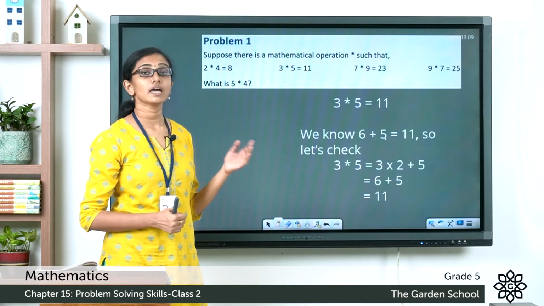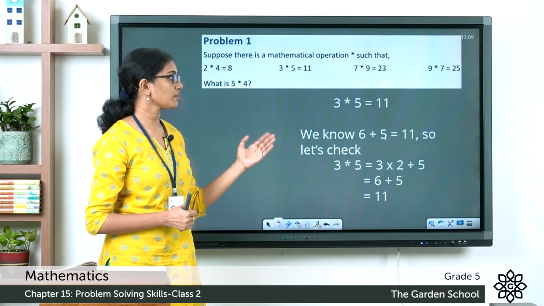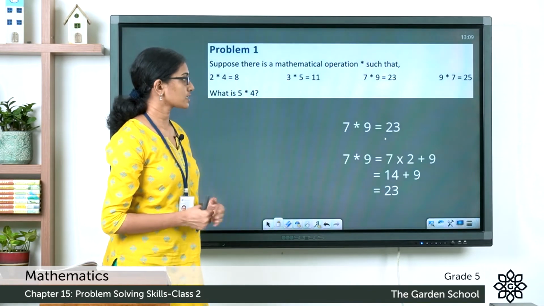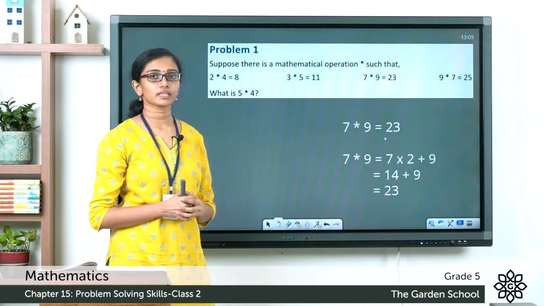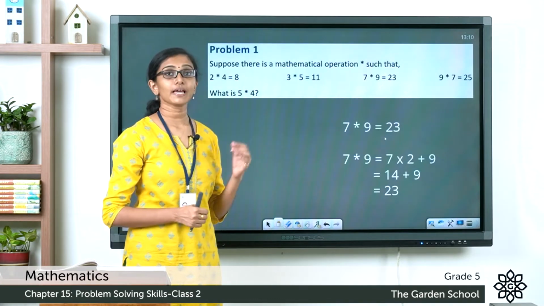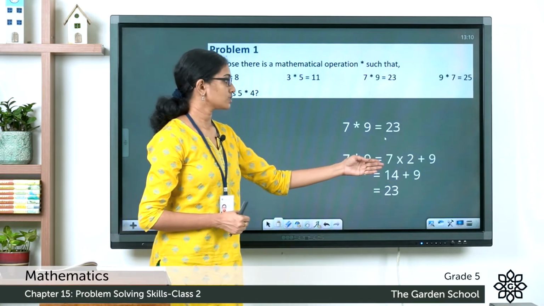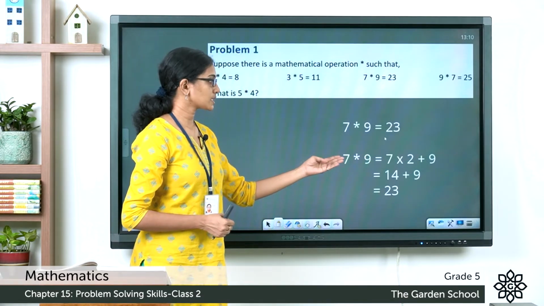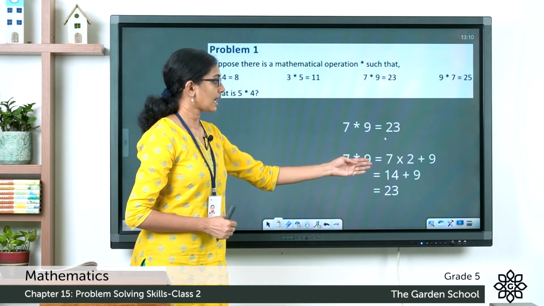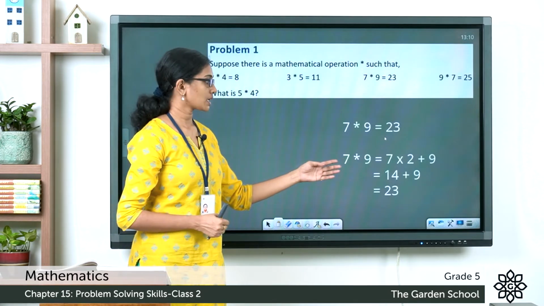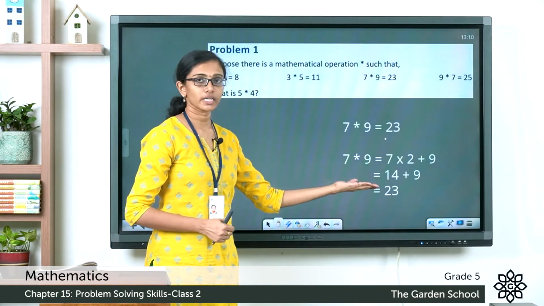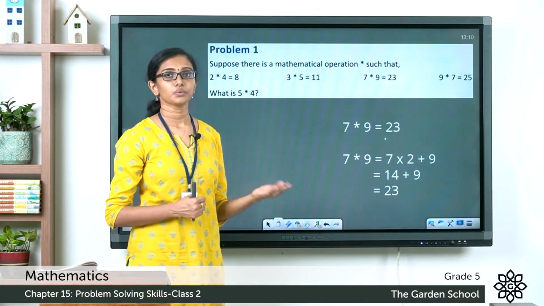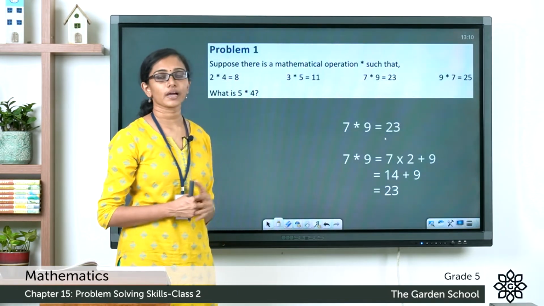Let's have a look at the next fact and let's try to apply the same logic. So the next fact is 7 symbol 9 equal to 23. Now, applying the previous logic, 7 into 2 plus 9. 7 gets multiplied by 2, then adding 9 to it. 7 multiplied by 2 gives you 14 plus 9, and that gives you a total of 23, which makes sense to this fact.